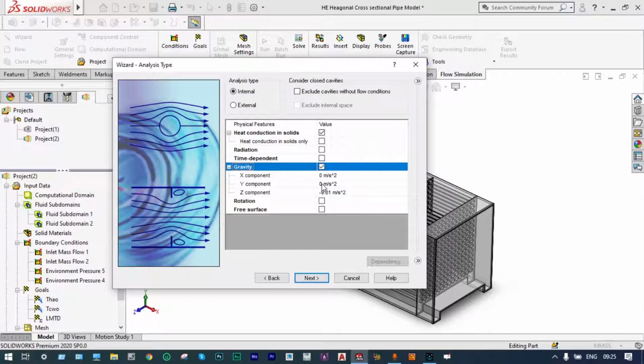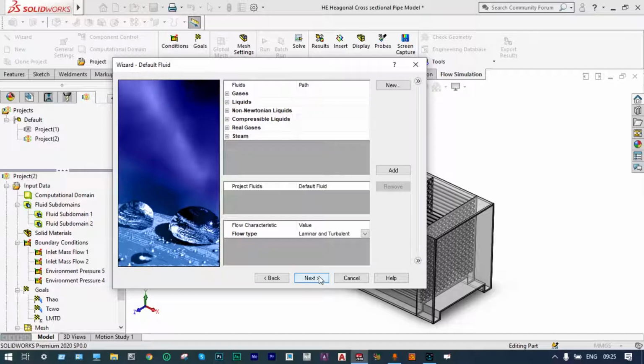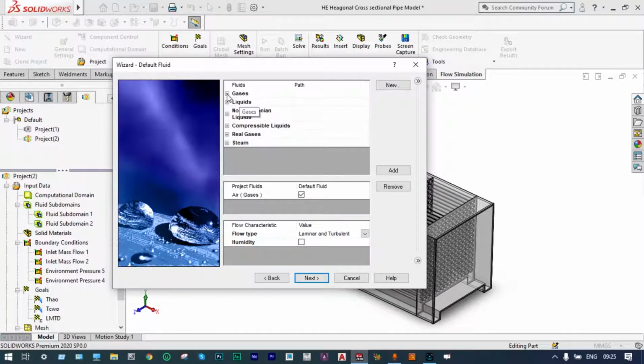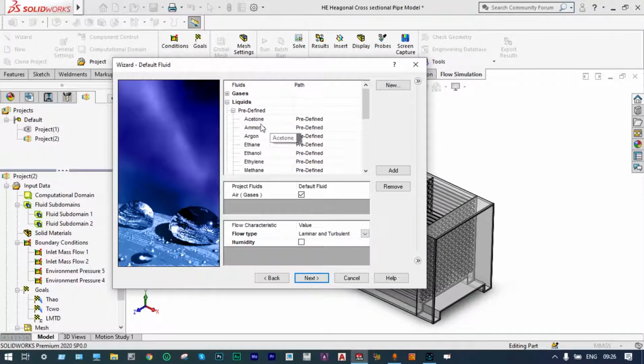So we are providing gravity direction as Y minus 9.81 meter per second square, and along Z it will be 0 meter per second square. Next to that we can see the different fluids. Here in this case we will be considering 2 fluids. One will be air. Let us select air, and the liquid will be water.